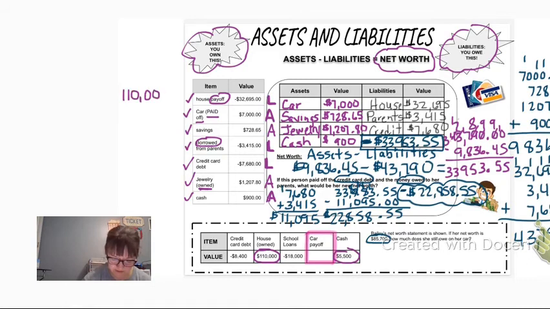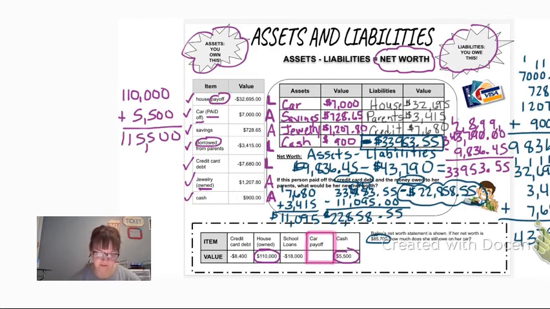110,000 plus 5,500. So that's 115,500. So that's her assets right now. And we know that the car payoff is a liability, so we know that our asset number is going to stay the same.